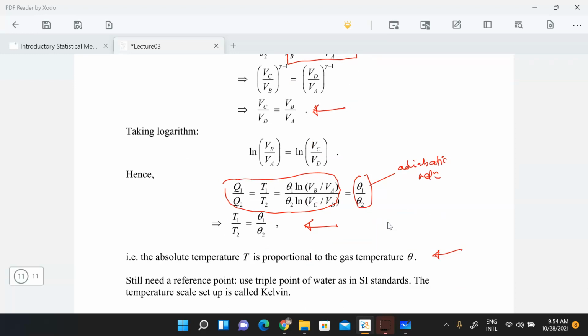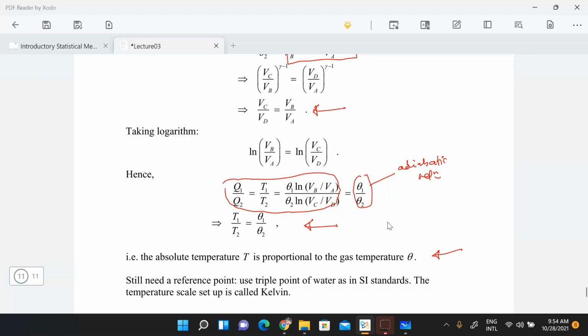So here we have an option of what to set as your reference temperature to start with. We already have a standard in SI, the so-called metric system.